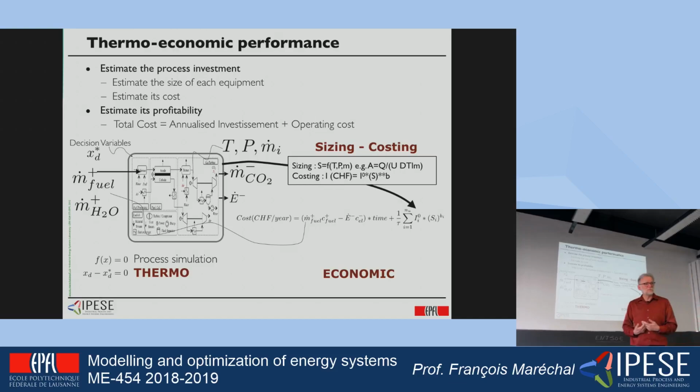Knowing the flows, meaning that I know the temperatures and the pressures, I will be able to, by applying models of sizing equipment, like the one that I have shown for the heat exchangers, calculate the sizes of the different equipment. And once I have the size, then I'm going to calculate the investment.